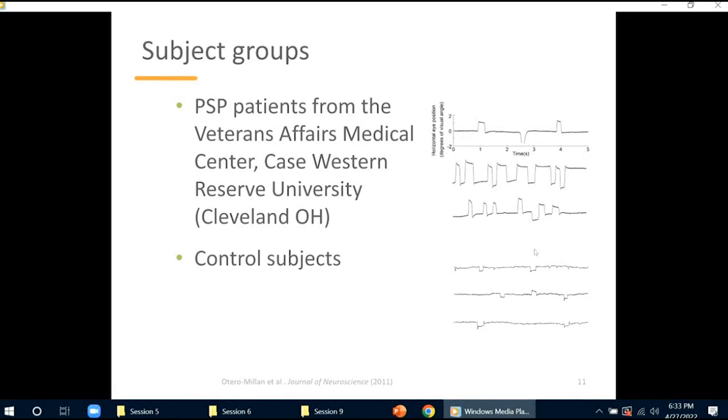neurological conditions. Here we have the top 3 eye traces correspond to patients of PSP. The lower 3 eye traces correspond to normal subjects. And so you can see that this kind of saccadic intrusion, we call it square wave jerk for its obvious square wave shape, is not exclusive to neurological patients.